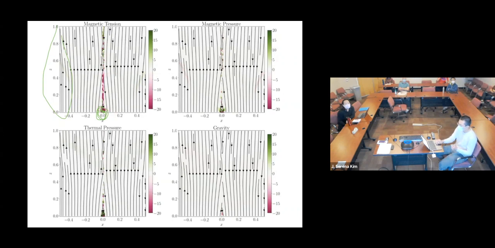The top left shows the magnetic tension force, and you can see it has negative force here. These forces have negative Z direction, pulling the gas to the central axis. The other forces are not dominating. We only see them accumulating in the center of the filament. So that's how this filament is accumulating the gas.